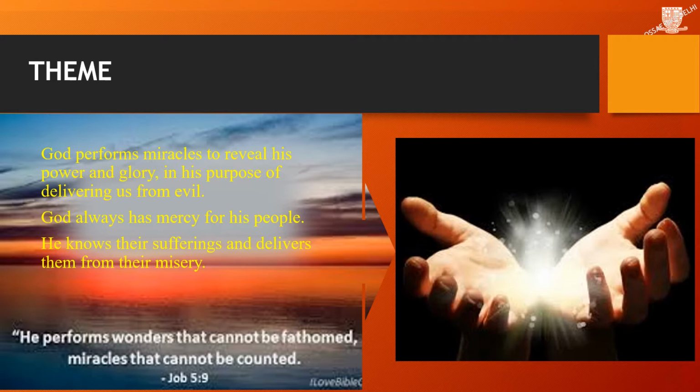God always has mercy for His people, and He knows their sufferings and delivers them from their misery. So, He had compassion towards the sufferings and the tortures that the Israelites were undergoing in Egypt, and He delivers them from this misery. And it is for this very reason that He sends the 10 plagues on Egypt.